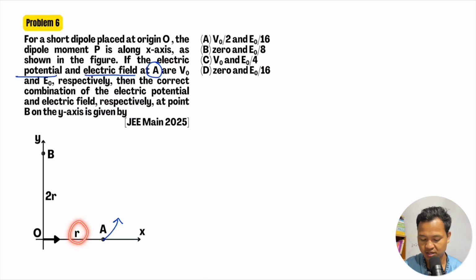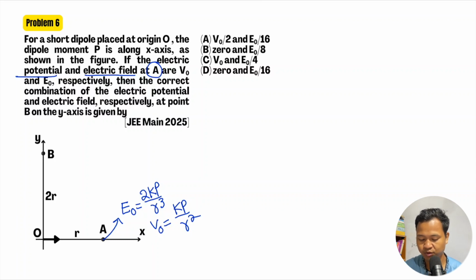We know that for the axial point the field E0 is Kp divided by R cube, and the potential V0 is Kp divided by R square.